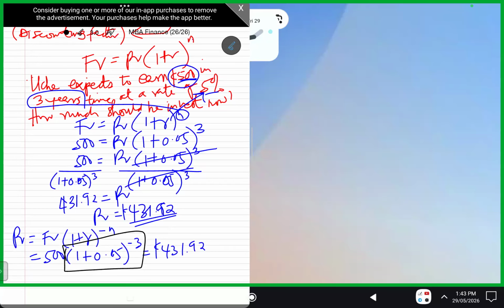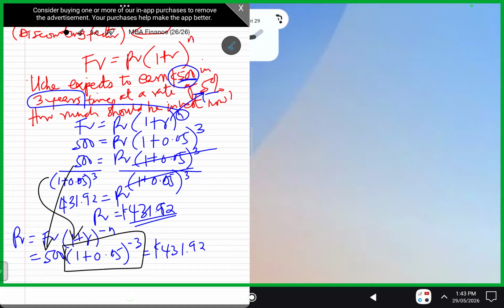Another way of writing (1 plus 0.05) exponent negative 3 is this way: the 500 is the numerator, divided by (1 plus 0.05) exponent 3.